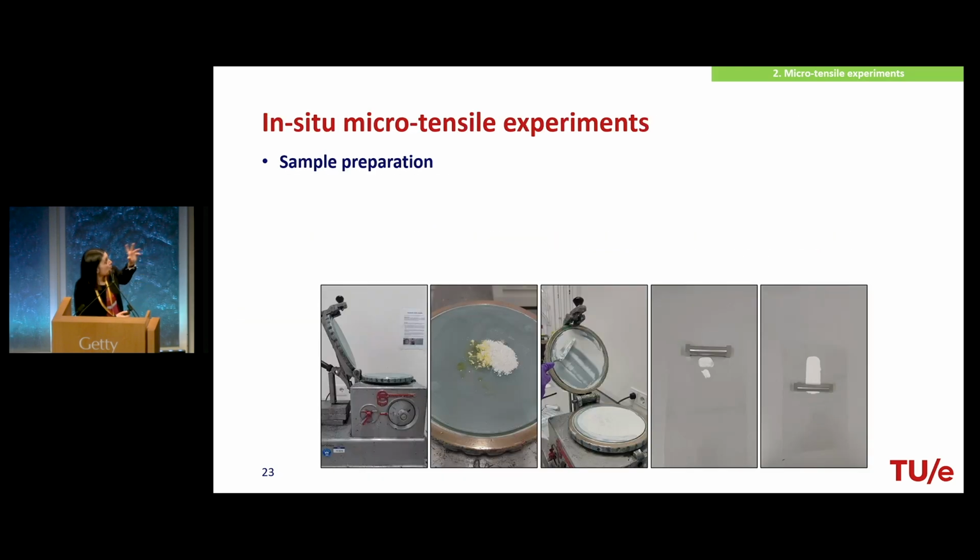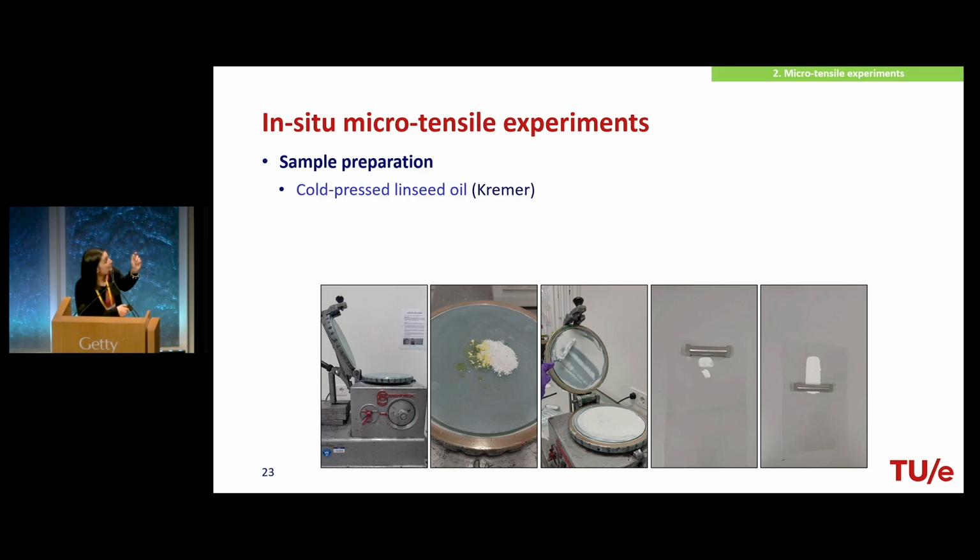So then we prepared the sample. This was a rather standard preparation. I should acknowledge Susanne, because she helped Ali, the PhD student, to prepare the samples. This was done at the Rijksmuseum.